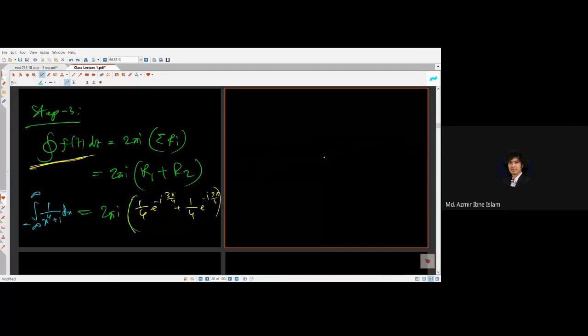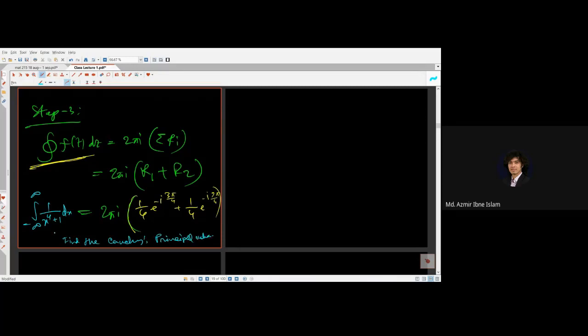One more thing I would like to highlight: for a complex integral like this, we have found the result, but the result is the same as the improper integral. So sometimes it is also phrased as find the Cauchy's principal value of this integral, okay?